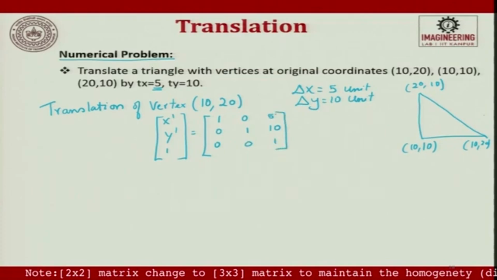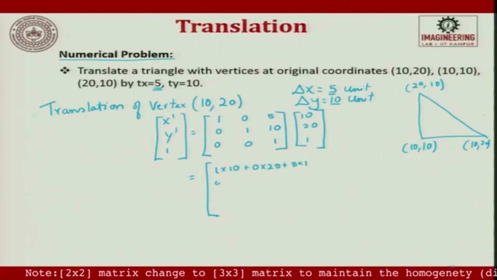Where are this 5 and 10 coming from? These are the 5 and 10. Now, what is the existing position? I have 10, 20, 1. When I do the multiplication, I get 1 cross 10 plus 0 cross 20 plus 5 cross 1.